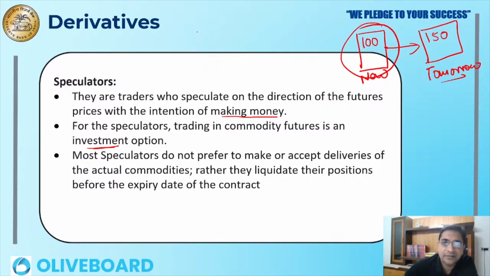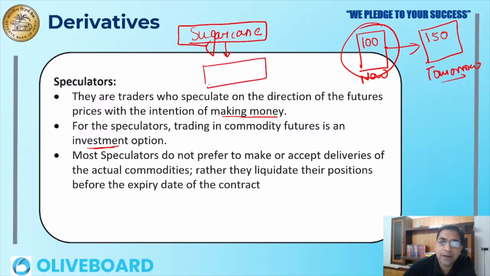Like if I say sugarcane, I am actually not taking the delivery of the sugarcane. Here the person will say, okay, I write a paper in which I say this paper amounts to this much tons of sugarcane.